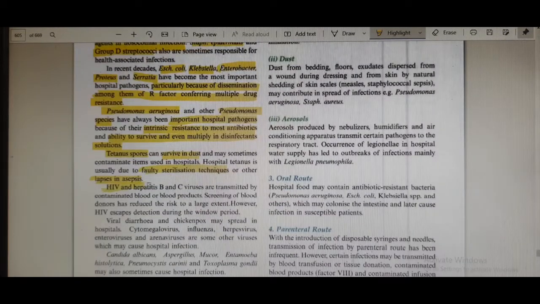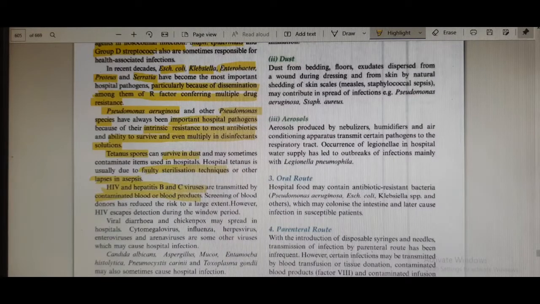Then we have HIV, hepatitis B, and C viruses, which are transmitted by contaminated blood and blood products. So it is very important to screen blood donors in order to reduce the risk of HIV transmission to a patient who is non-HIV. HIV detection is very important, and HBV and HCV are also detected before the blood is accepted into the blood banks.